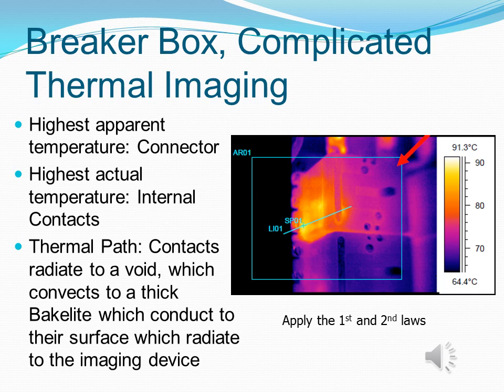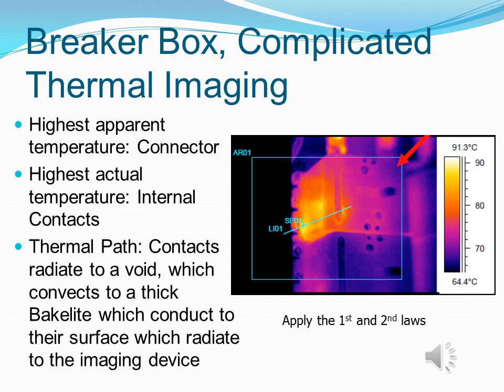But from there it radiates. Both of them are radiating to your device. One is radiating directly through the external contact that you can see, but the other one, where the contacts are the hottest point, radiates into the void that's around it.